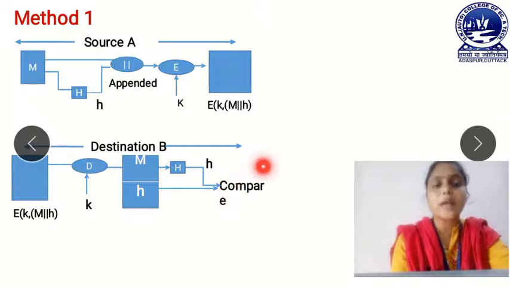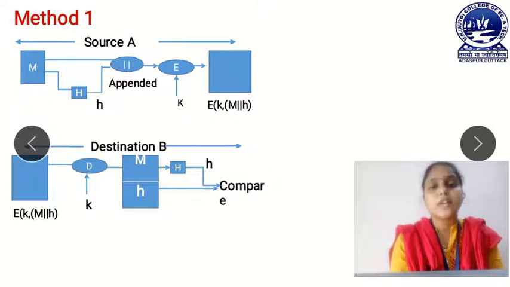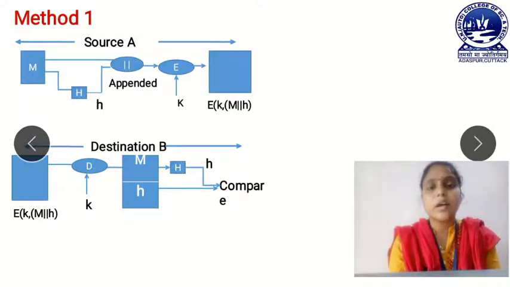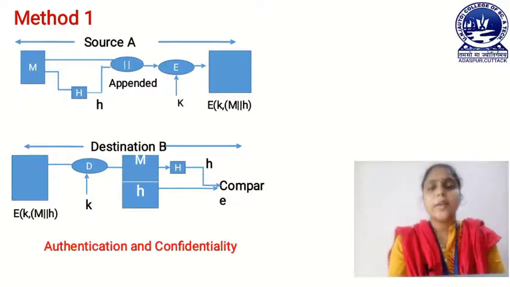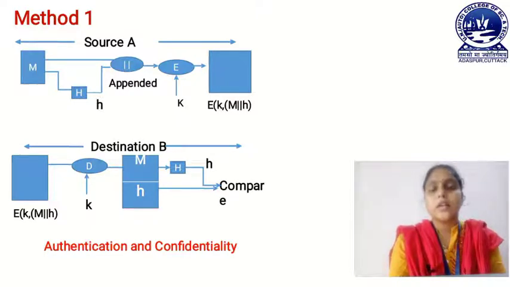If these two hash values are different, that means the destination B is sure that there is some alteration in the message, which means here the hash value provides us the authentication. That means method 1 satisfies both authentication and confidentiality. Here the authentication is satisfied because of the hash value and confidentiality is satisfied because of the encryption algorithm.